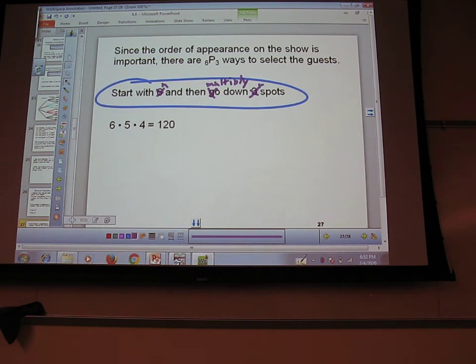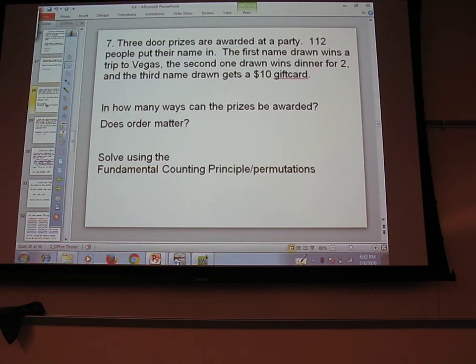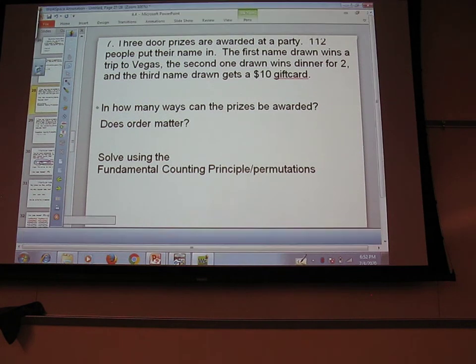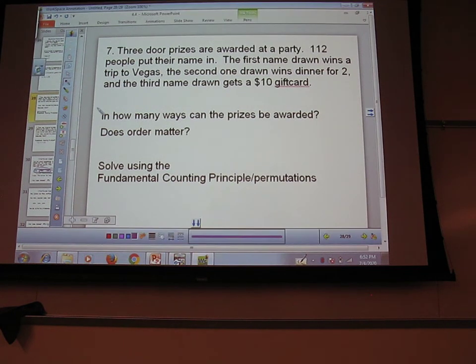That's kind of what I use for the formula. All right, so you guys do problem number 7 on your lab.